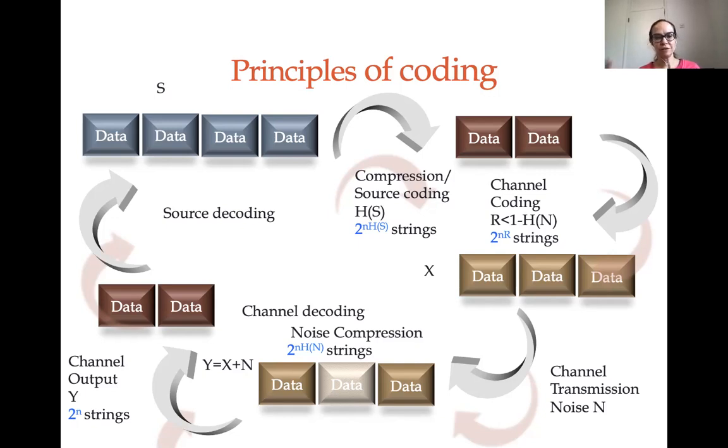And therefore, since the typical set has a probability that goes to 1, the set of 2^(nH) most likely strings also has a probability that goes to 1.